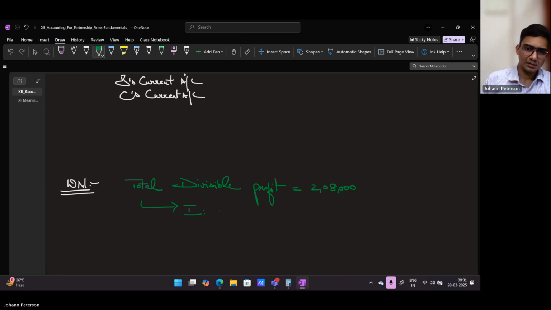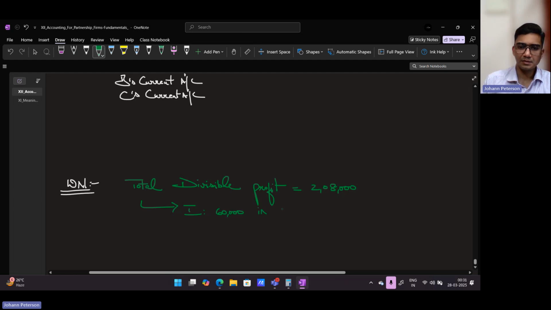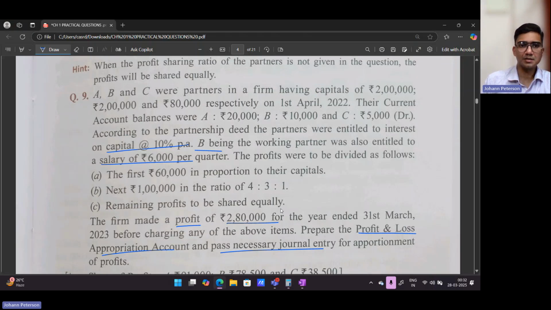What is the proportion of their capitals? Capitals were 2 lakh, 2 lakh, and 80. If I cut this with 40, so 40,000 into 5, 40,000 into 5, and this will be 2. So 5 is to 5 is to 2 is the ratio of the capitals.